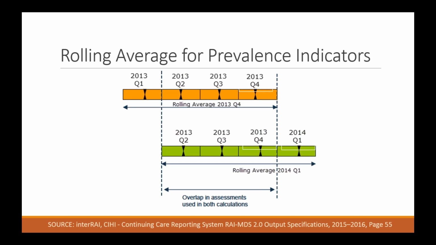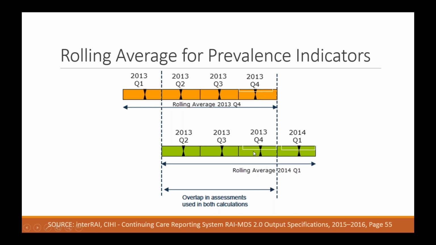Now, a rolling average for prevalence indicators, and you can see here I'm showing you 4 different quarters. And then here's the current quarter. And we're looking at 2014 quarter 1. That's the report that we're looking at. And it tells us we have a 15% fall rate.